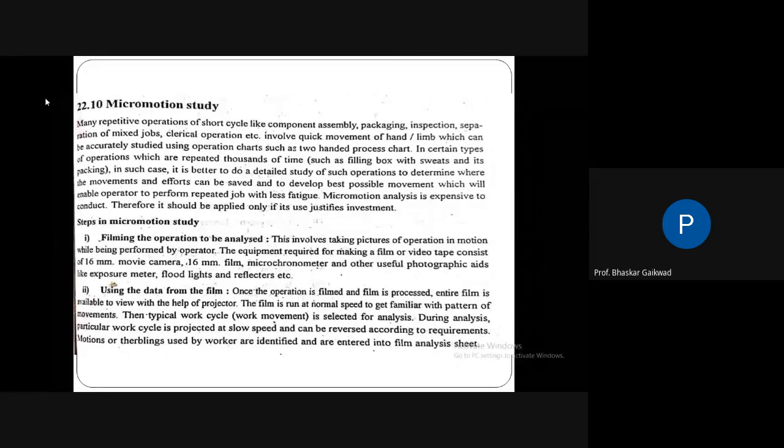Why is there a need to go for repetitive activity? By using this study, we can avoid that repetitive activity. By using this micro motion study, we have to find out the repetitive activity in the present assembly or present shops, packaging, inspection, then separations of fixed jobs, clerical operation.